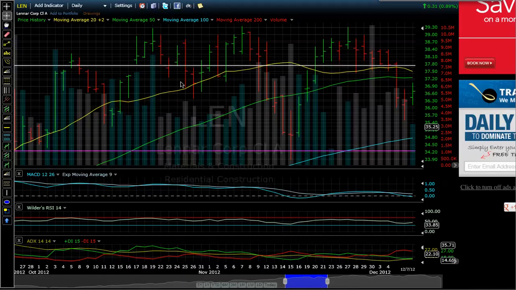But what happens after that gap fill? Now, remember, we're in the daily chart. So after that gap fill, it tries to get back above the support line.